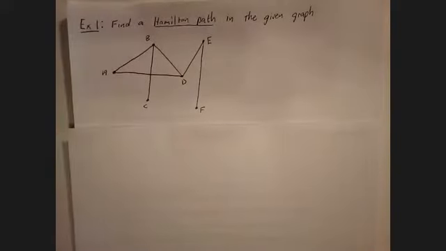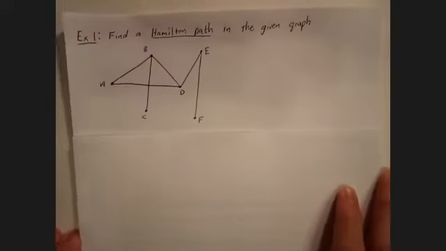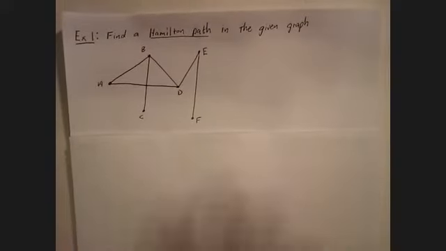It says to find a Hamilton path given this graph. Okay, there's several. In fact, we might do a couple of these. So we're going to find the Hamilton path.